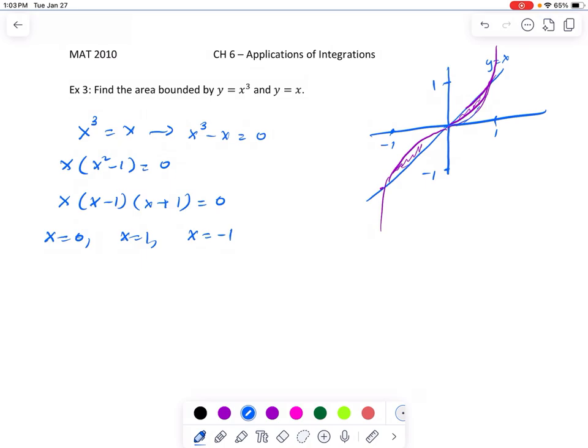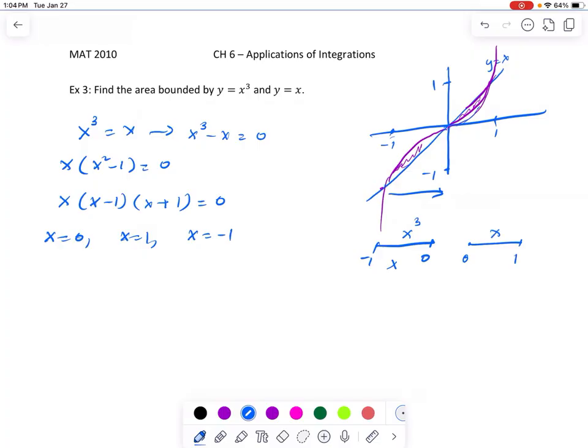But if you didn't draw the function, then you should do the table, because from this picture, you can already see that in the interval negative 1 to 0, the function x cube is above the line x, and in the interval from 0 to 1, x is above and x cube is below.